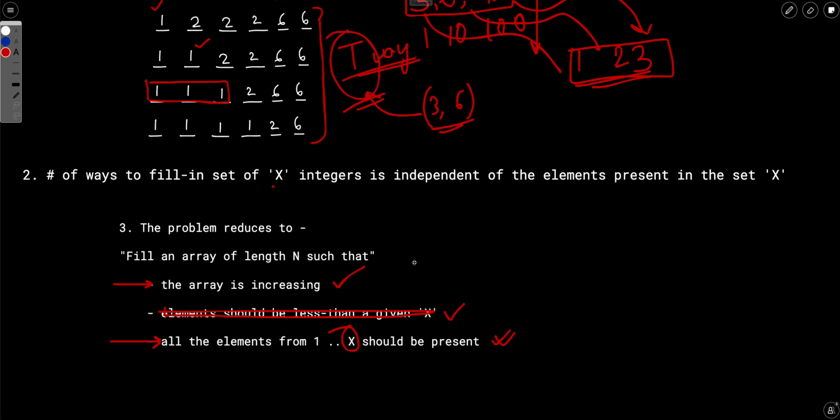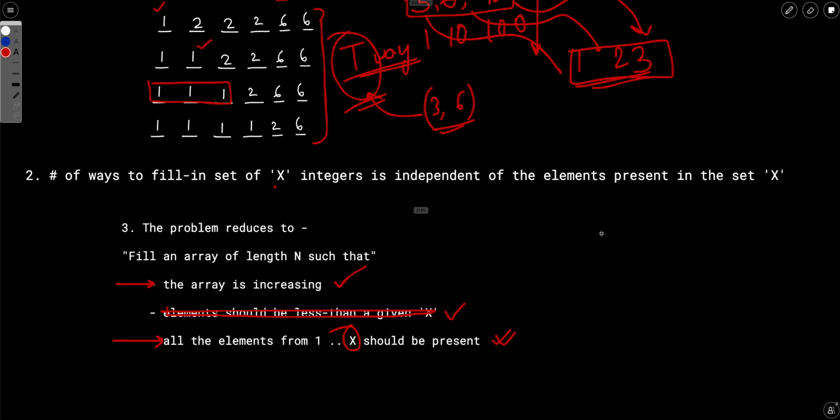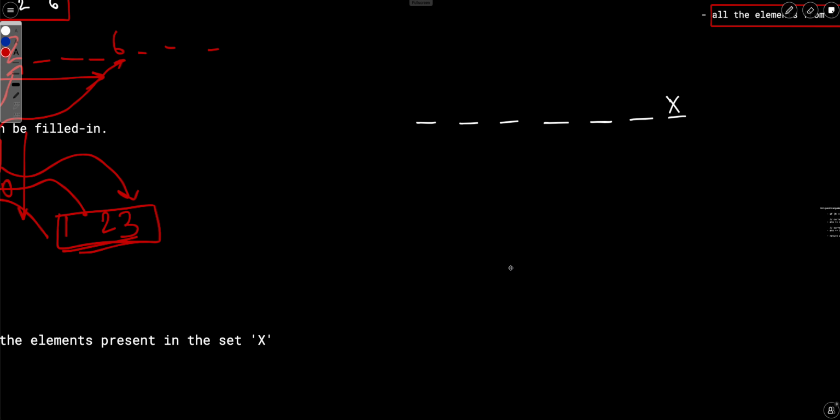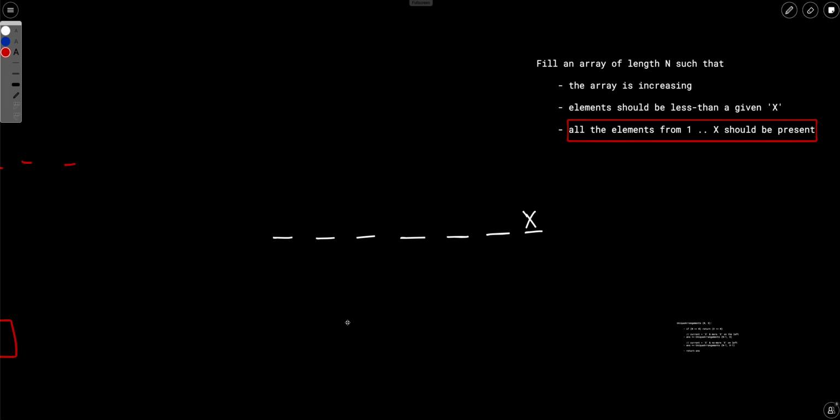So now we are trying to find out how many ways there are to fill the array of length n, but the constraint is now you have to fill the array in increasing order, and all the elements from 1 to x should be present. So let's try to solve this problem instead. Okay, so this is our problem.